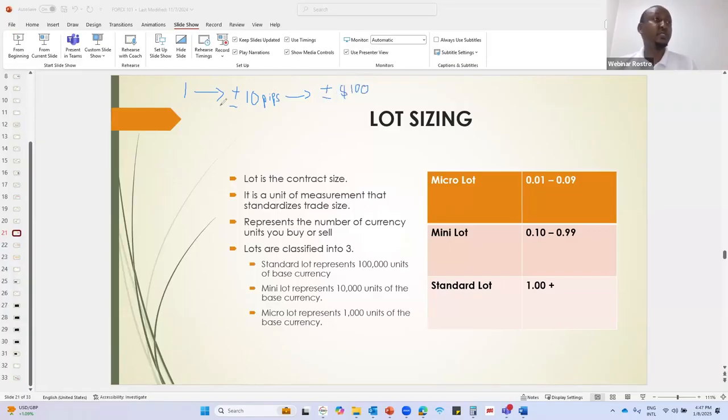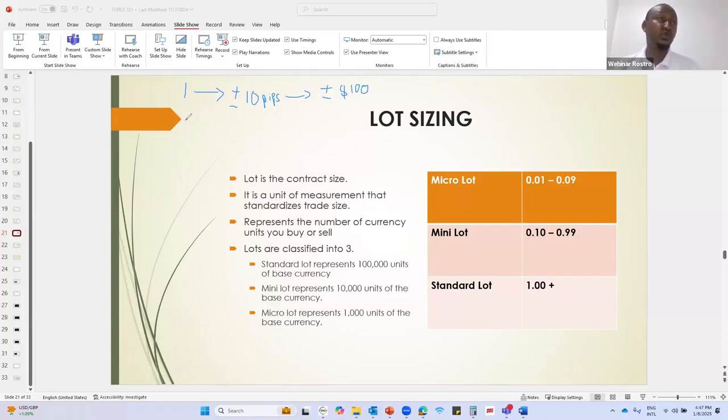If I open a position with 1.0 lot size and the trade goes in my direction by plus 10 pips, I'll make a profit of $100. But if I buy and the market sells, for every negative 10 pips I'll make a loss of $100.